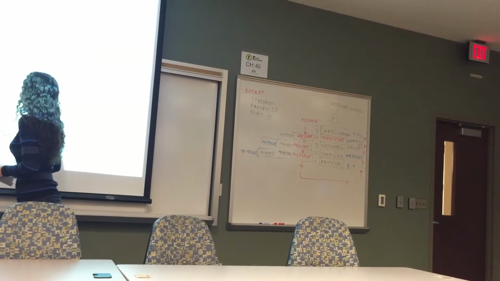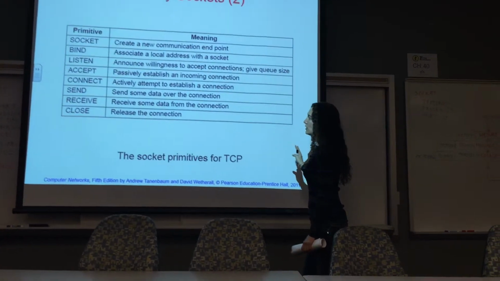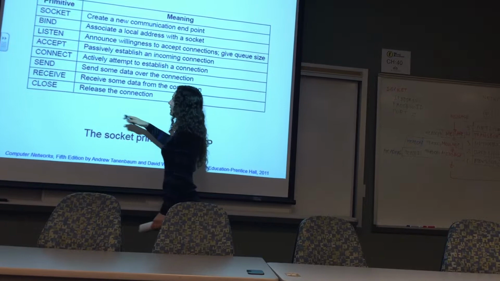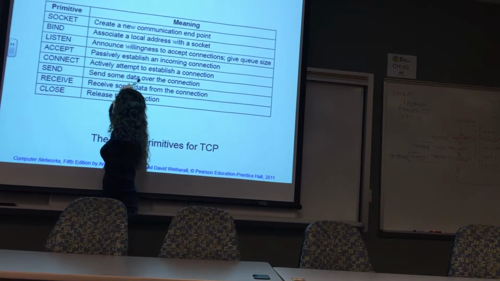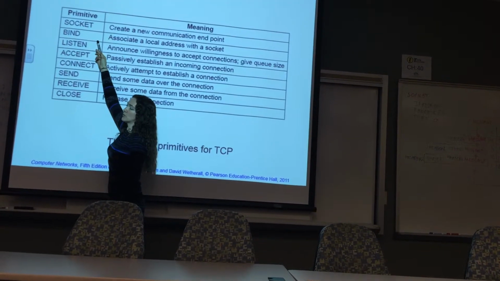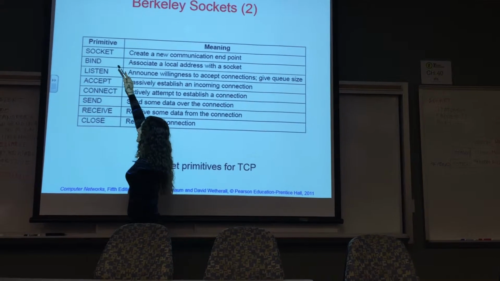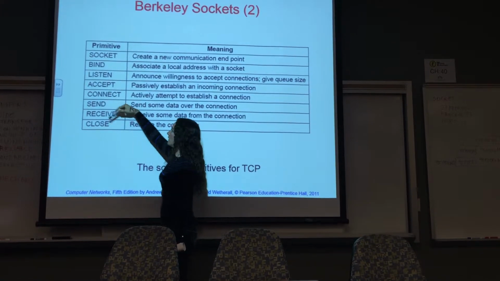What happens is that the receiving machine is sitting there and it's listening for new connections to come. Before it can listen, the process or service or server which we're trying to connect to is binding itself to a particular port number and it's listening on that port number.